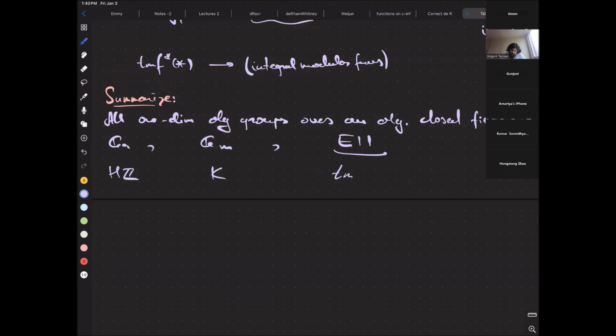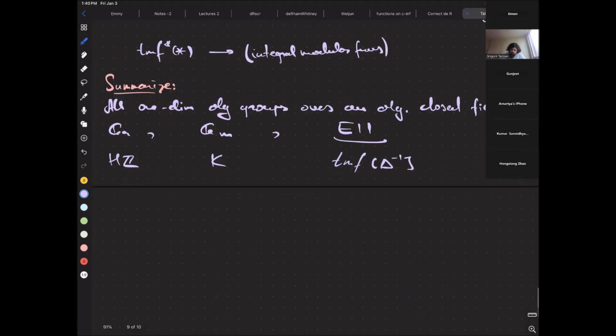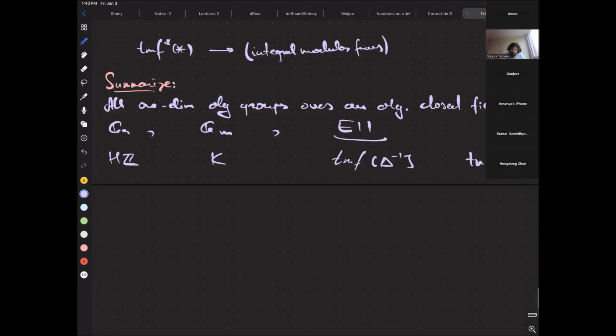And by taking the universal one, you get this TMF with delta inverted. And to just get TMF, you have to further, instead of the moduli stack of elliptic curves, consider its Deligne-Mumford compactification, which arises when you allow your elliptic curves to have nodal singularities.